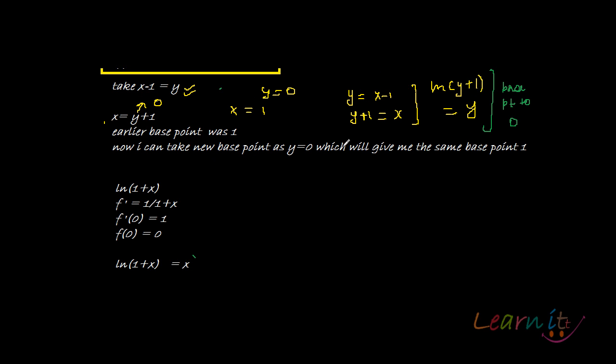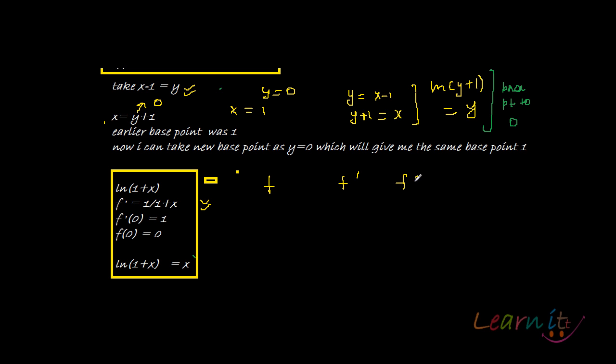So basically, I can write it in terms of x, of course, and what I get is ln, the natural log of 1 plus x. So that's my new function now. What I require is f at 0 and f dash at 0 as well, since I am looking at the point 0 now.